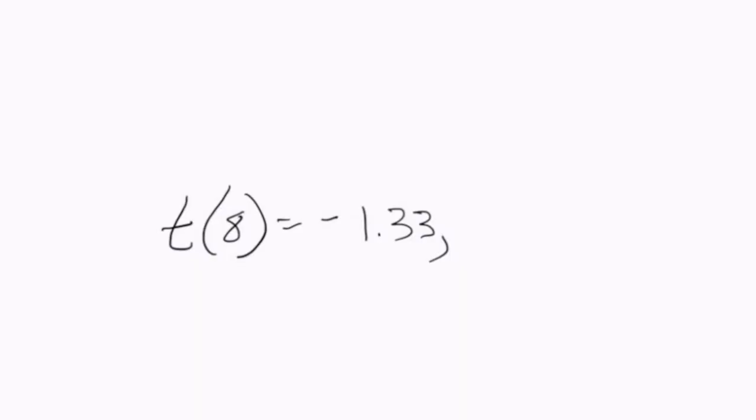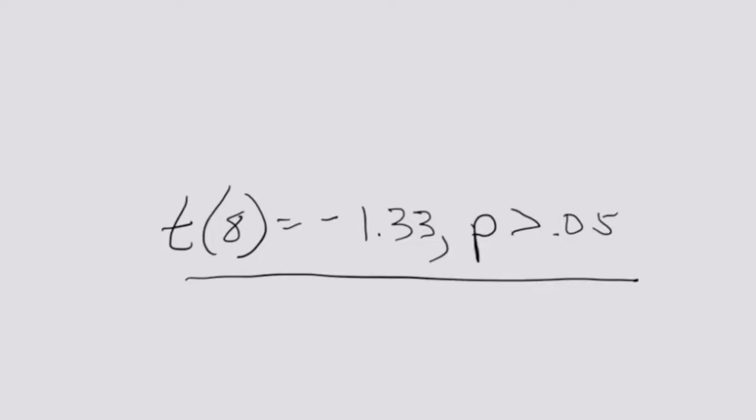And we found that the probability of finding our sample mean is actually greater than 0.05. If it was less than 0.05, we would have rejected the null hypothesis, but it's greater than 0.05. And so this is how we would write the statistical notation for this finding.